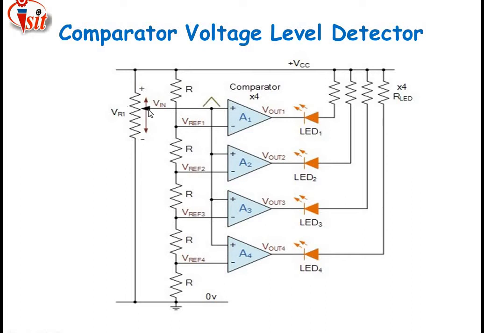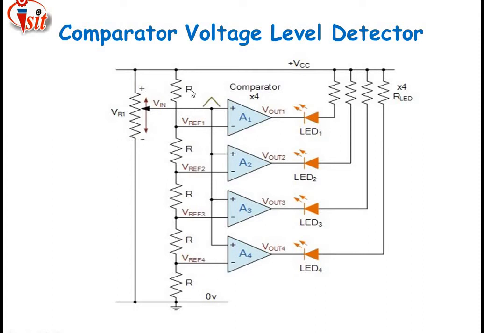This input is connected along with that variable resistor, and the reference voltage for every op-amp is connected to the inverting terminal of the op-amp. That is, V reference 1 is connected to the inverting terminal of op-amp 1. Then V reference 2 is connected to the inverting terminal of op-amp 2. V reference 3 is connected to the inverting terminal of op-amp 3. Then V reference 4 is connected to the inverting terminal of op-amp number 4.